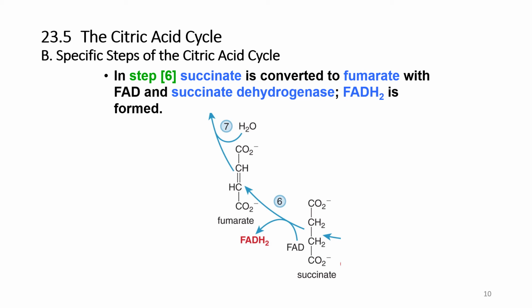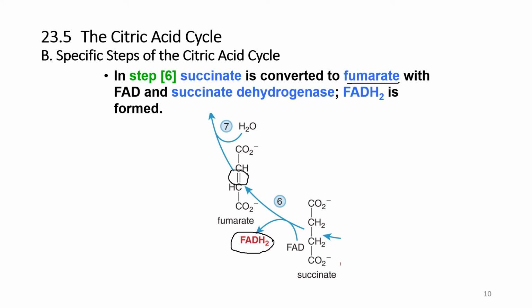Step 6, succinate is converted to fumarate, and this is done with the help of succinate dehydrogenase, and we reduce FAD to FADH2 in this process. This involves the addition of a double bond between these two carbons. Two hydrogens are lost here to reduce FAD.